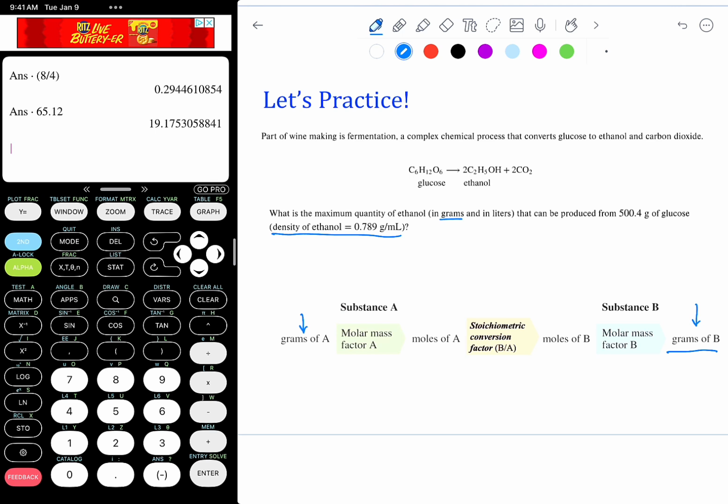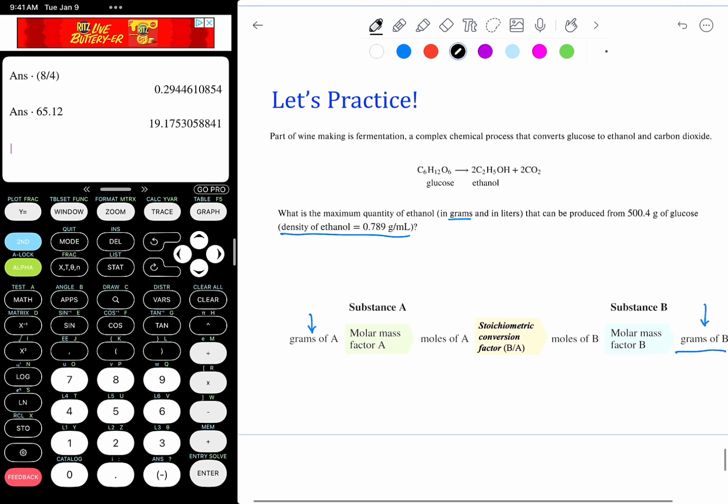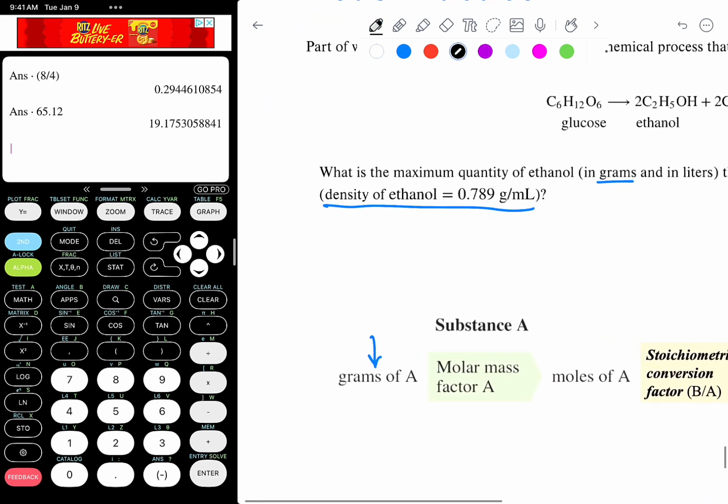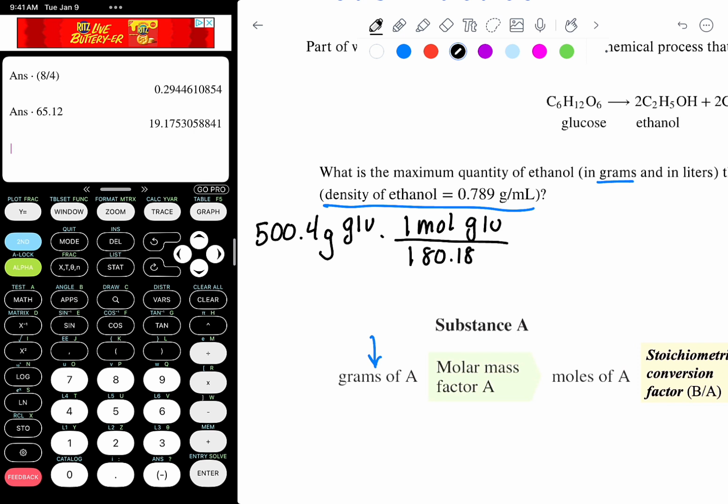Okay, so let's start this problem. We're going to start just like we did before. We have 500.4 grams of glucose, which I'm just going to call glu. And we're going to convert it to moles using its molar mass. So 1 mole of glucose has a molar mass of 180.18 grams. You can find that from the periodic table.